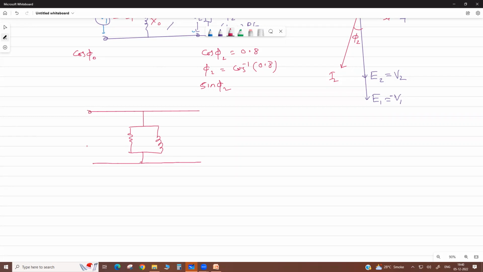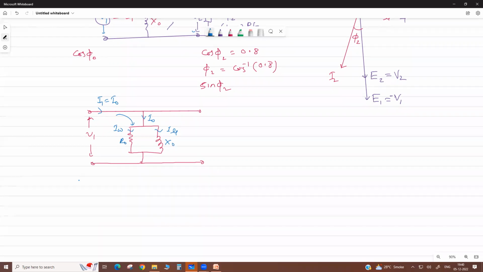When we apply this voltage, and suppose the secondary we kept open, this transformer takes a no load current from supply, like this. Then this no load current has two components, loss and magnetizing. This is R0 X0. So here I1 equals I naught. This is the transformer at no load.